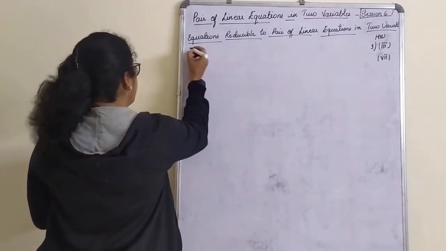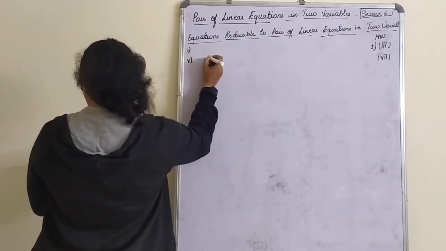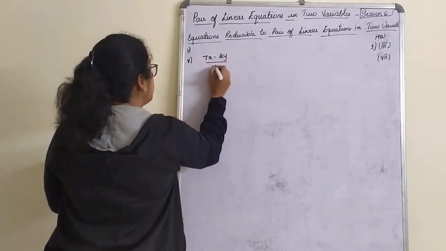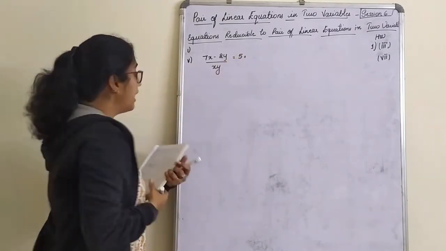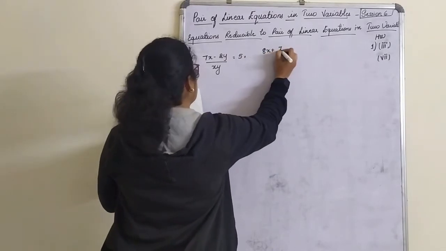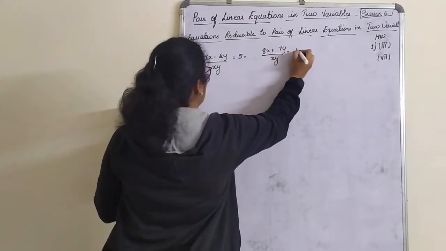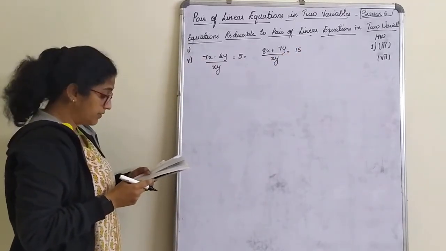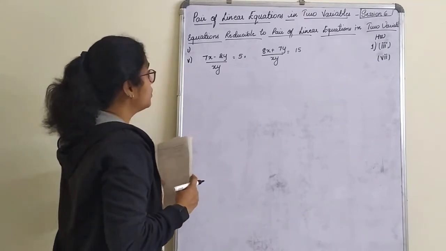Okay. Fifth one, which is 7x minus 2y divided by xy is equal to 5 and 8x plus 7y divided by xy is equal to 15.